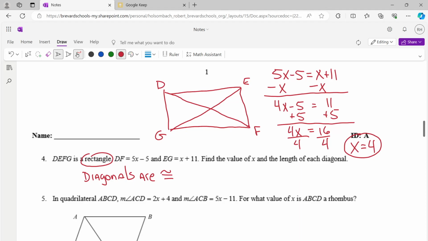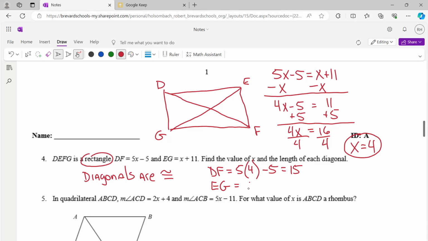And the length of each diagonal. So DF is equal to 5 times 4 minus 5. And that's 20 minus 5, which is 15. EG is equal to 5 plus 11.